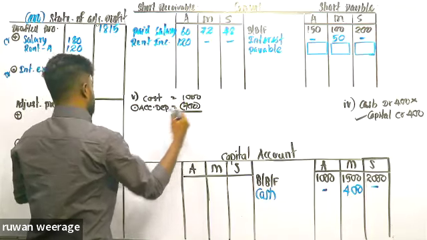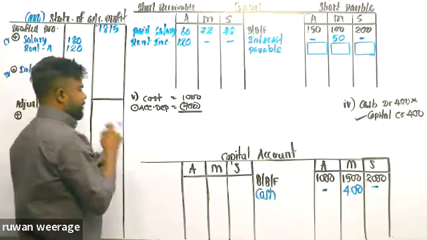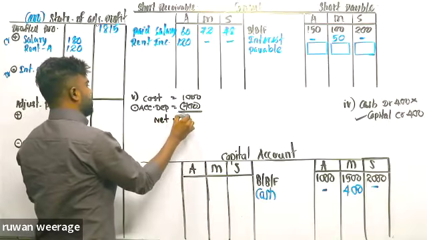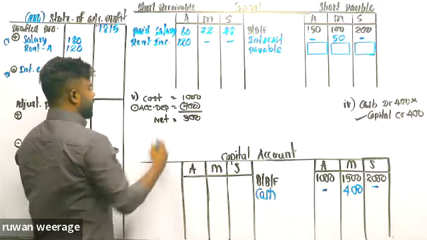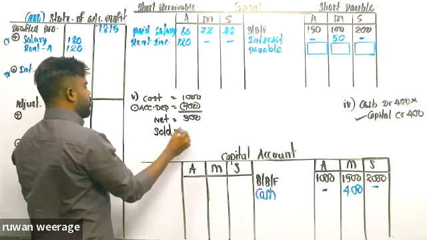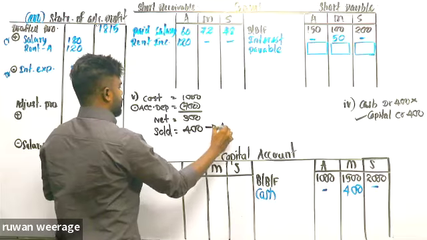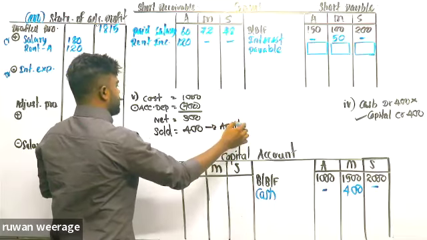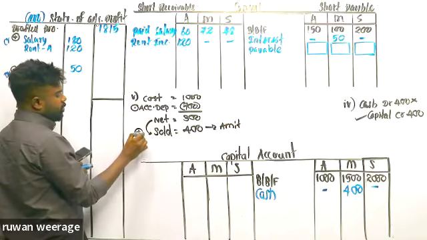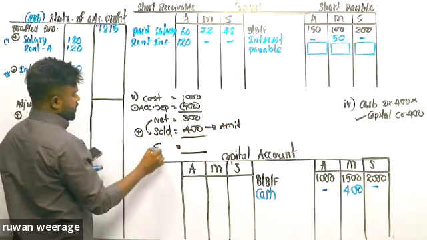So net value how much? Net value will be 300, right? Which is sold for how much? Sold for 400 to Amit, right? Clear? Therefore, this is the net value 300, sold for an excess value. Therefore, there's a gain or loss.